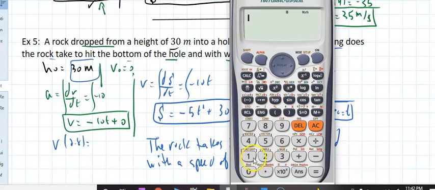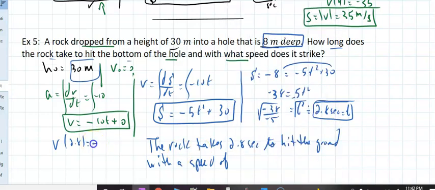Negative 28, so 10 times 2.8, but if the numbers were a bit messier than that, I'd need one. The velocity is negative 28, indicating that it's coming down, and of course speed is the absolute value of velocity, which is 28, with a speed of 28 meters per second. And that's pretty much all there is for this section.